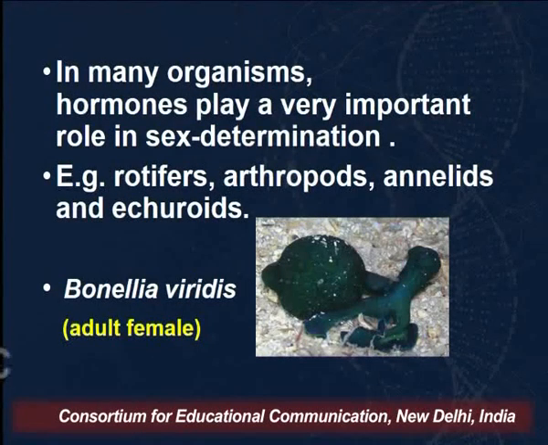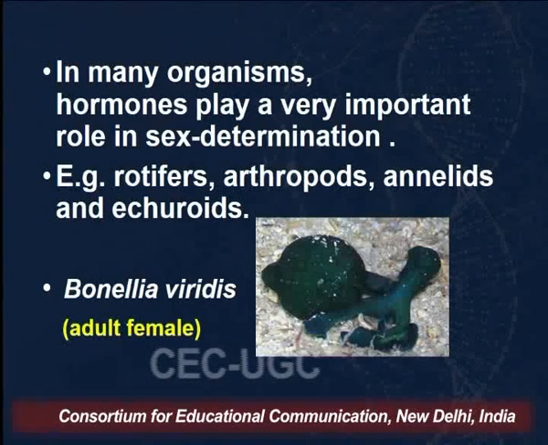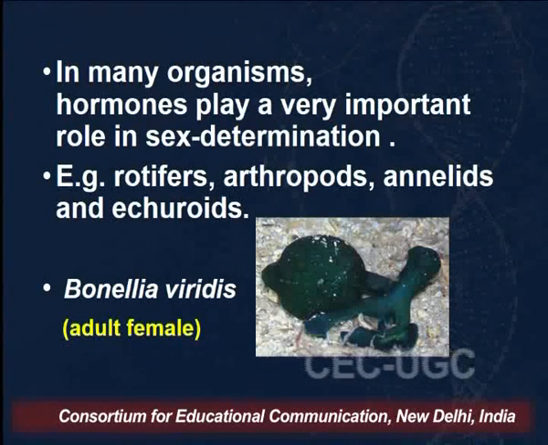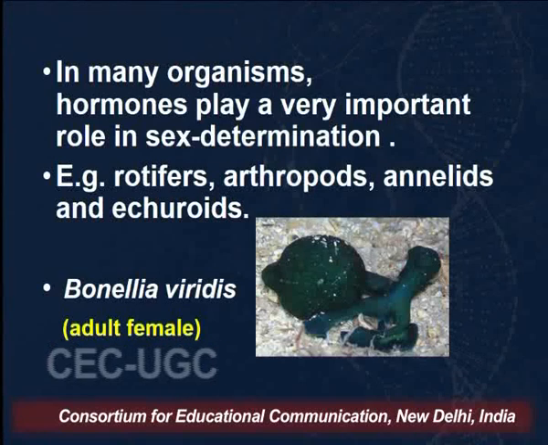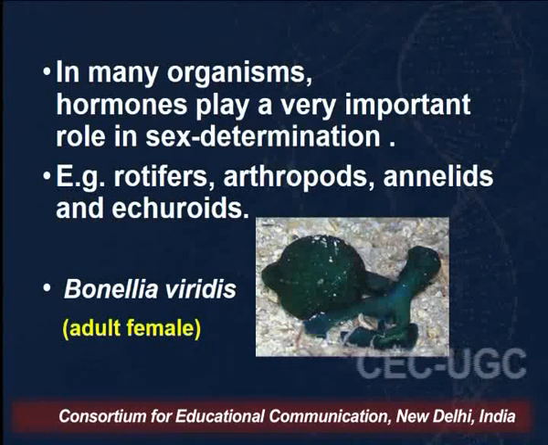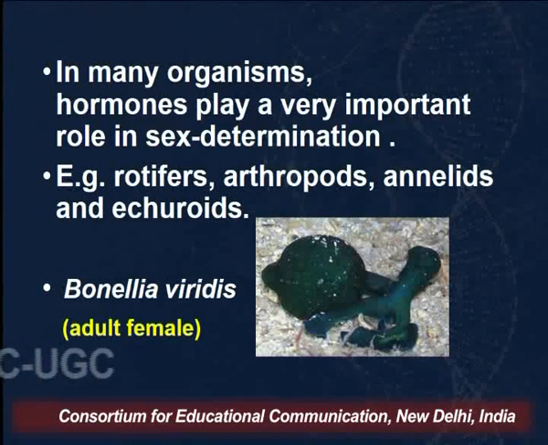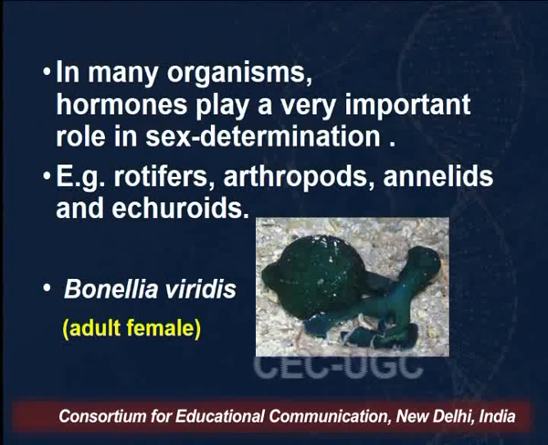Let us take some examples as far as metabolically controlled sex determination is concerned, because you will agree, learners, that hormones are going to play a very important role in sex determination, and this is actually seen in rotifers, arthropods, annelids and echiuroids.